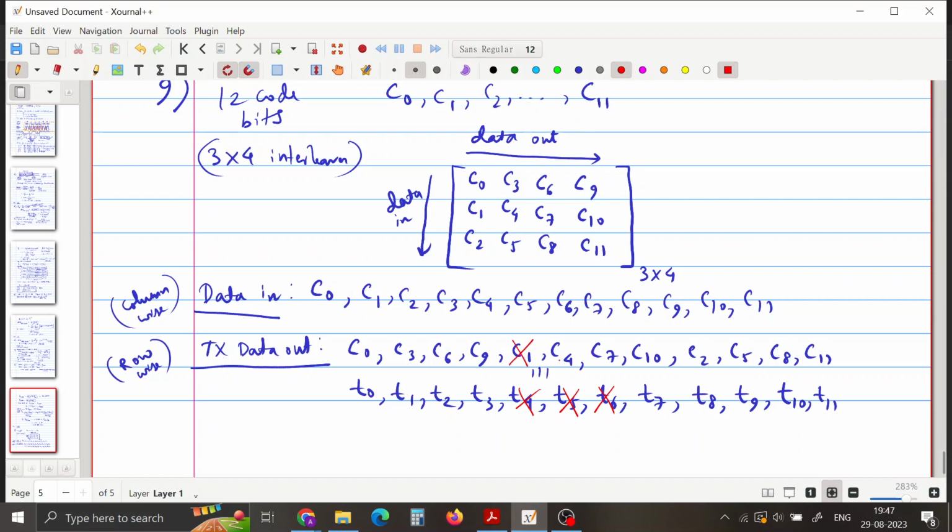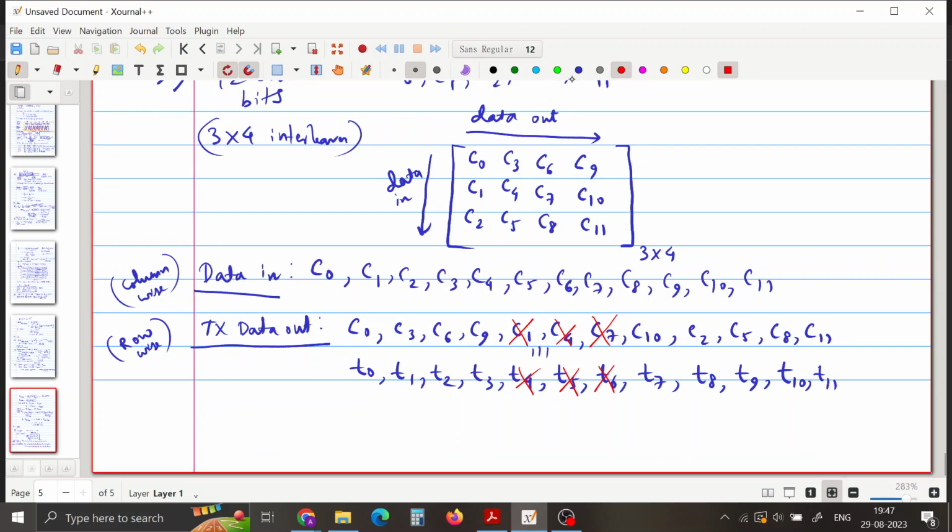This is C1, C4, and C7. T4, T5, T6 corrupted implies C1, C4, C7 corrupted. So these are your corrupted code bits, C1, C4, C7.